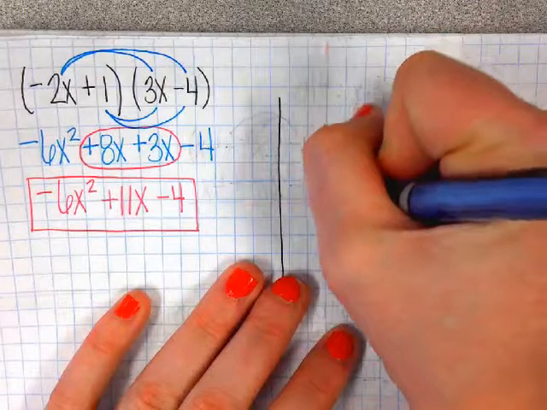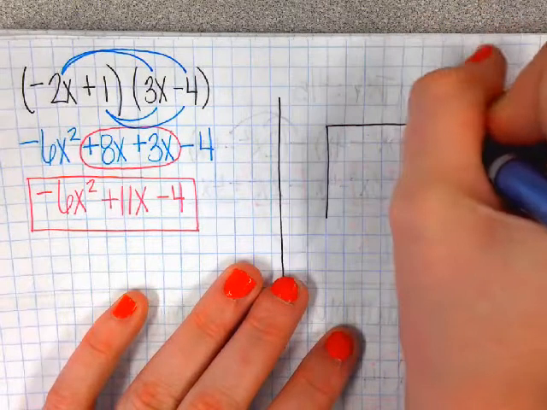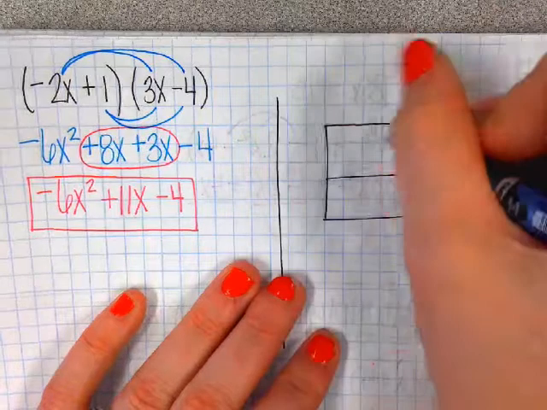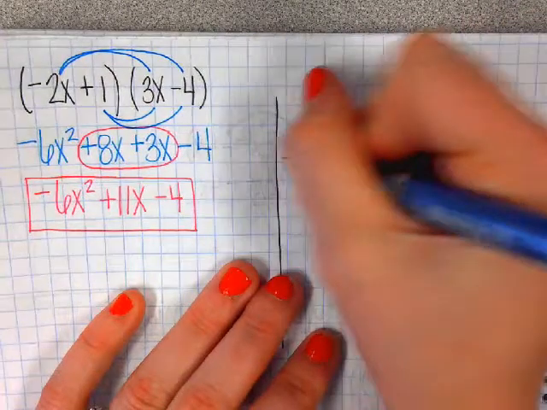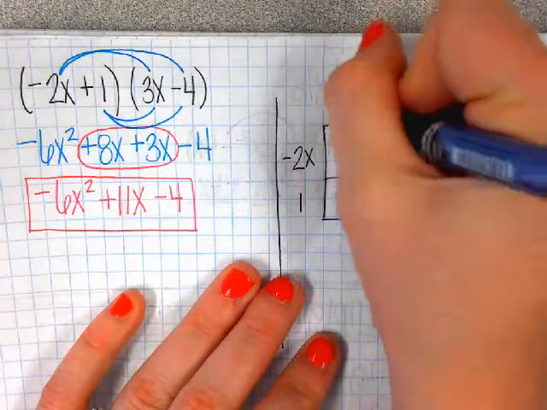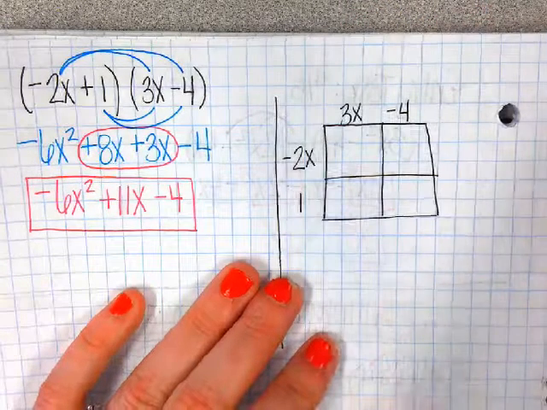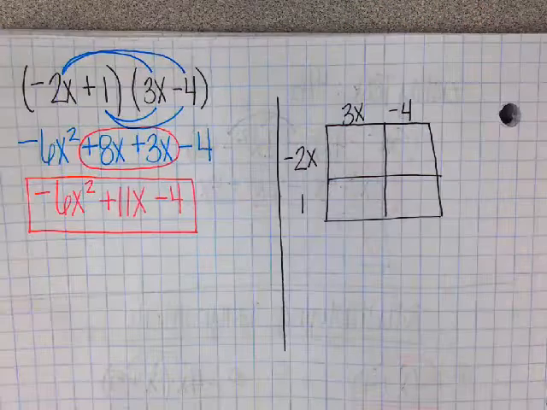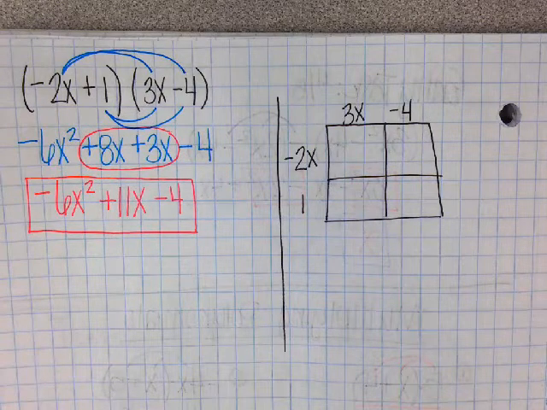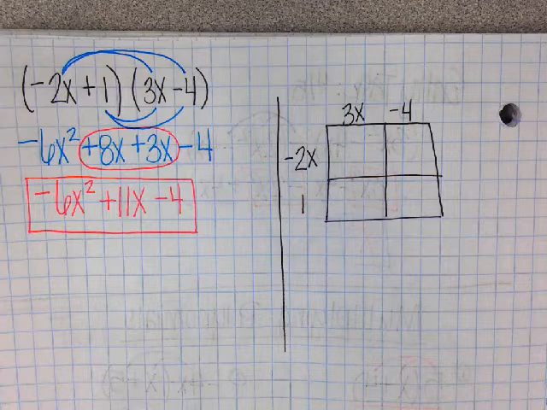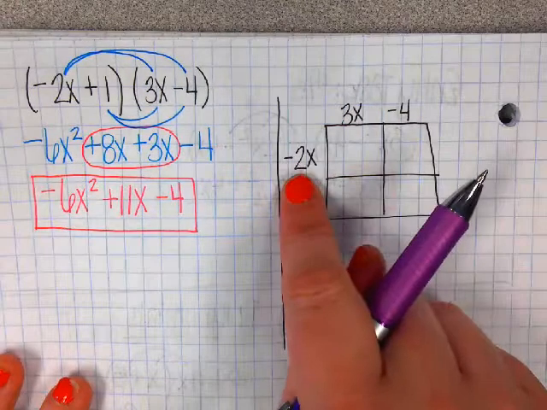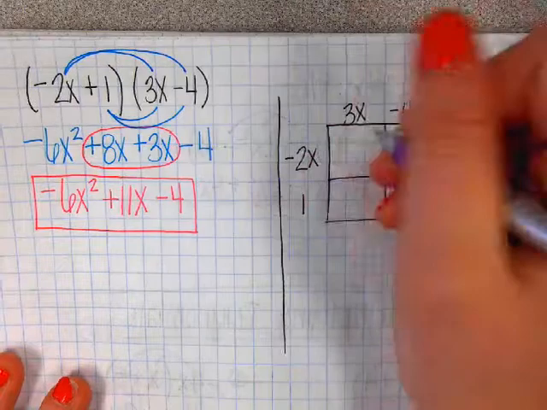Okay. Now let's do the box method. How many terms are in the first parentheses? 2. And 2 in the second as well. That's a terrible box, but that's okay. So it would be negative 2x and 1, 3x and negative 4. Don't forget the negative on that. Okay, now let's multiply.